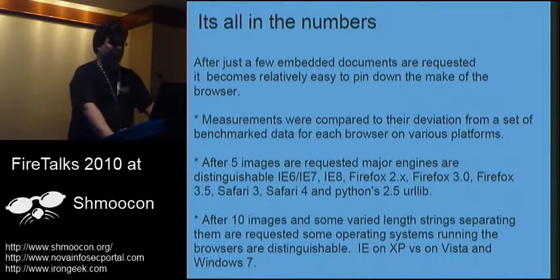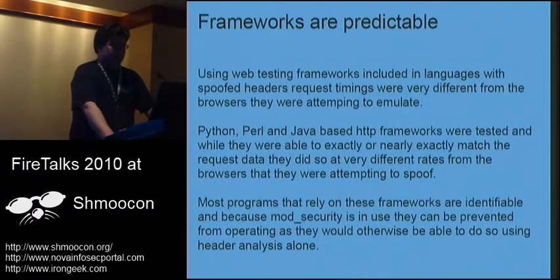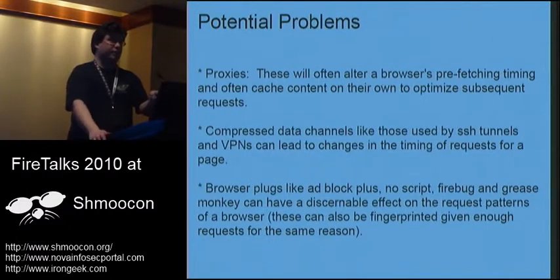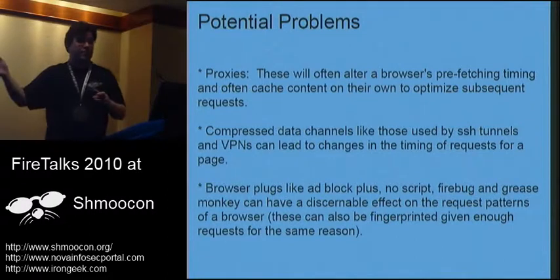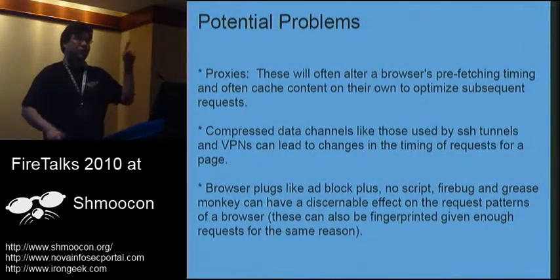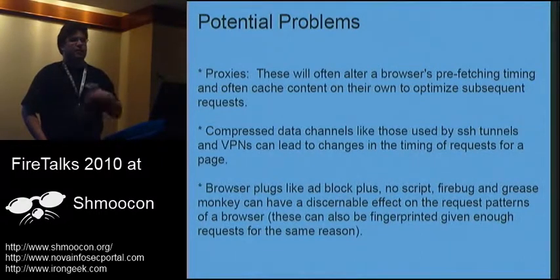One of the biggest problems I ran into was scripts, optimization, things like Greasemonkey being used, different cache settings. Any of those can modify your request. But the nice thing is, if you have enough requests and your fingerprint database is large enough, you can tell exactly what method they are using. So, for instance, I was using NoScript and an ad blocker fairly extensively when I was doing these tests, and was able to pull and eventually identify which browser was using that versus which one was not.